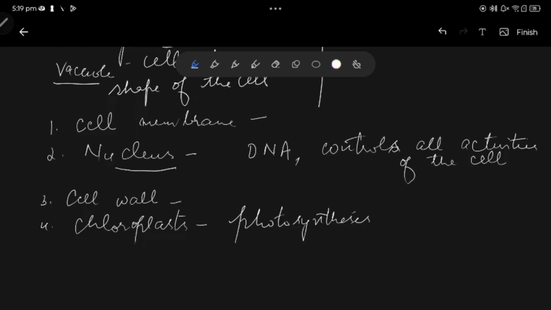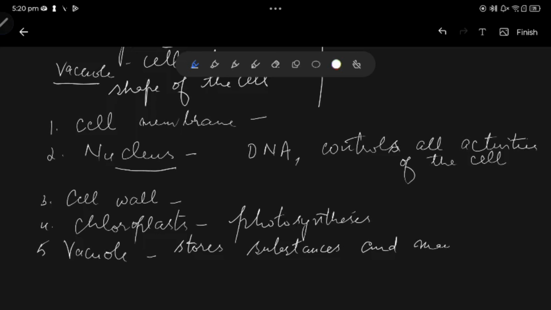Then vacuole stores substances and helps maintain the shape of the cell.